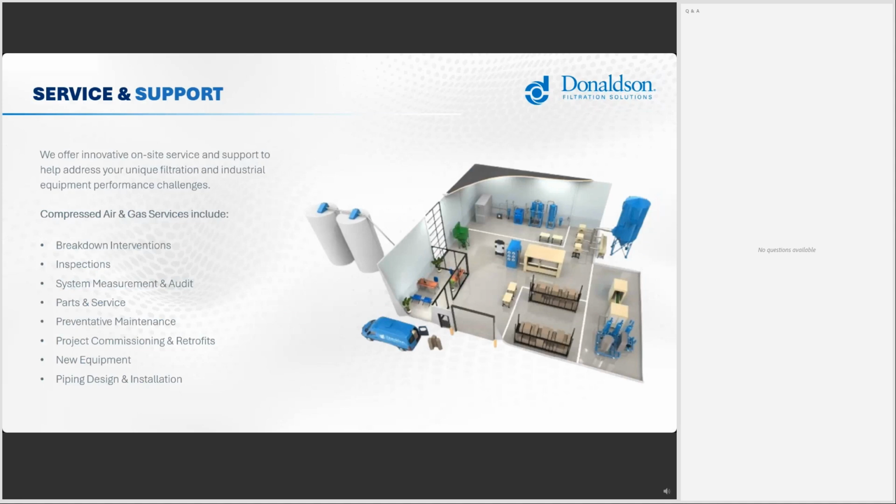Also for existing units, we are able to upgrade these systems in the field. Of course, also new installation of new equipment and piping design and installation. That's where we are strong.